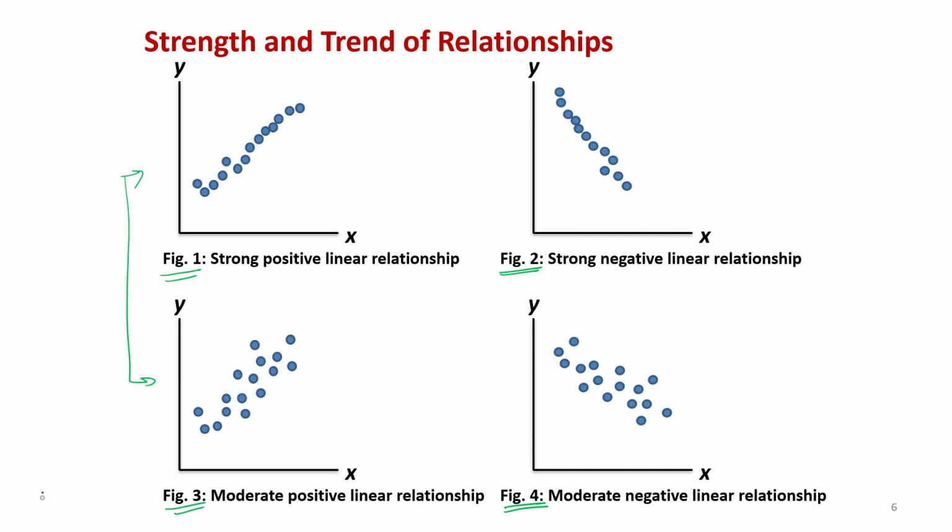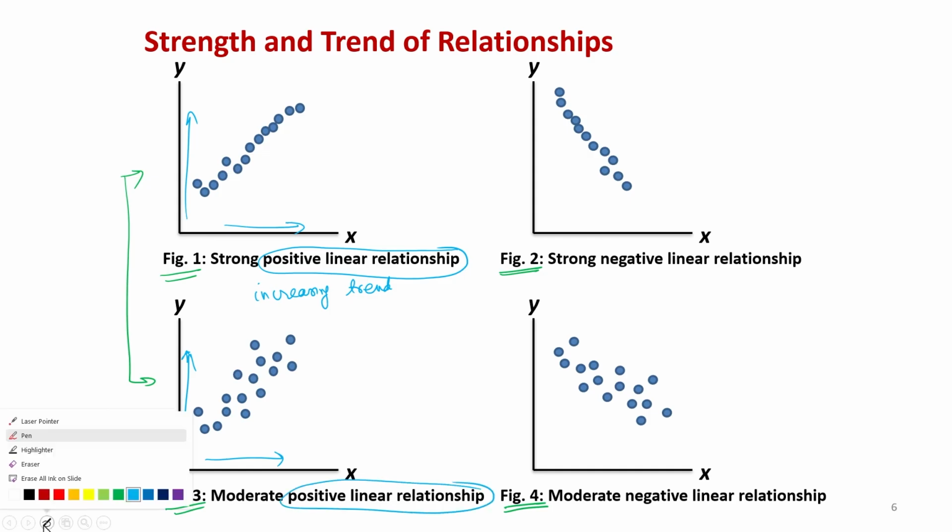In both cases, as the value of x is increasing, the value of y is also increasing. So, I can say that there is an increasing trend, right. Or I say that there is a positive linear relationship.